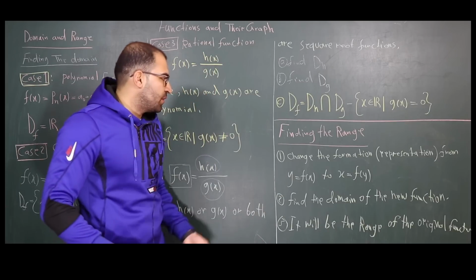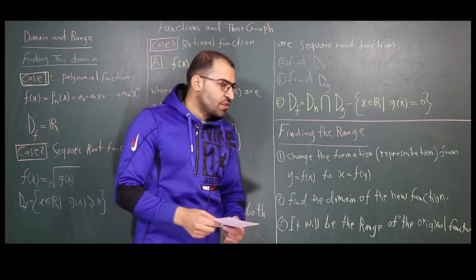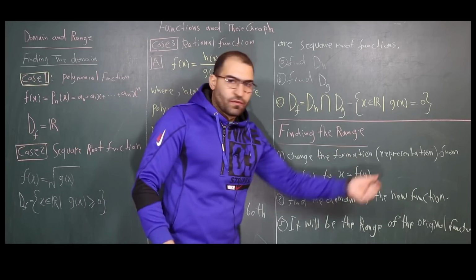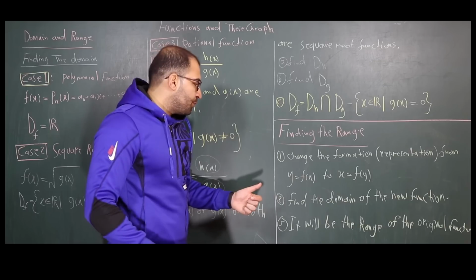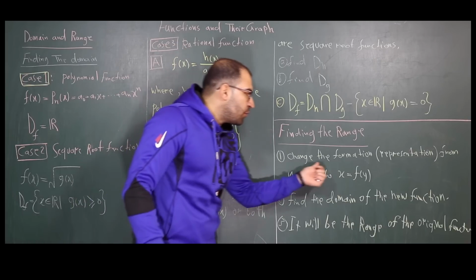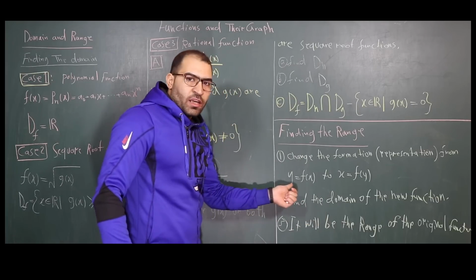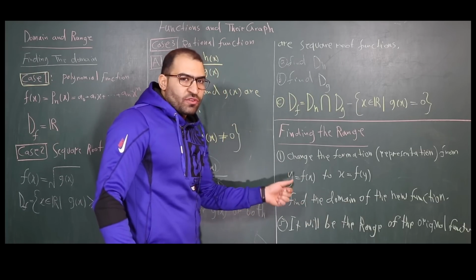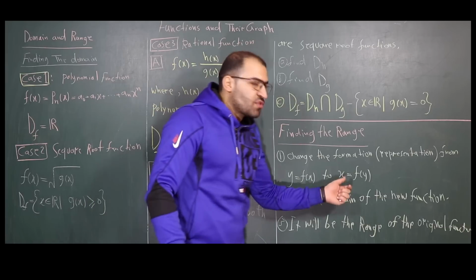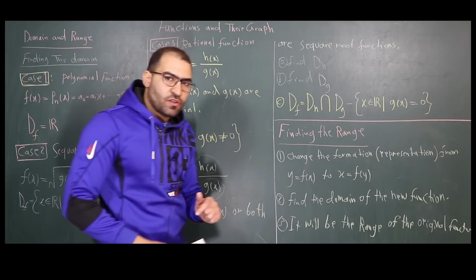After I finish writing these notations, finding the range of the function: first, we need to change the representation from y equal to f of x, meaning y written in terms of x, to x written in terms of y. This is the first step.